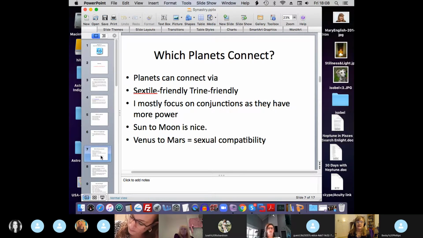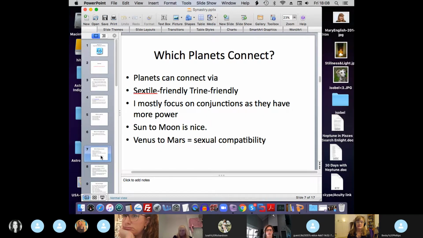So planets can connect via different aspects between planets. There's a thing called a sextile and another thing called a trine. Those are friendly connections between planets, but you'd have to work out in your mind between the 2 people's charts which ones are doing that. And I absolutely cannot be bothered and don't. I just look at conjunctions as they have the most amount of power.